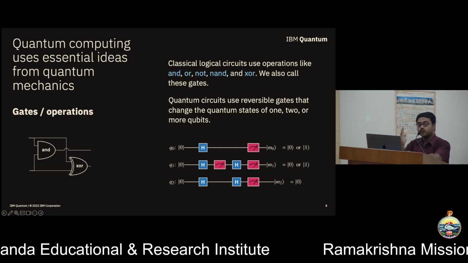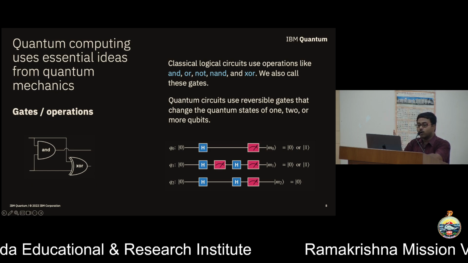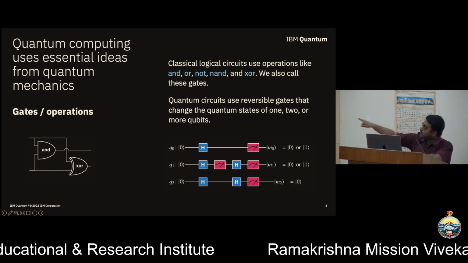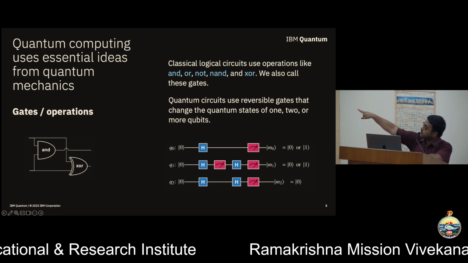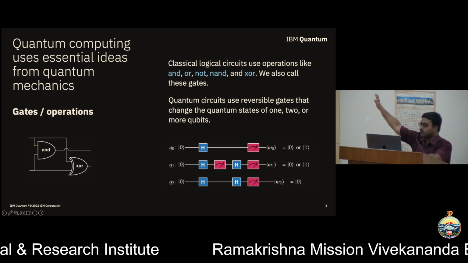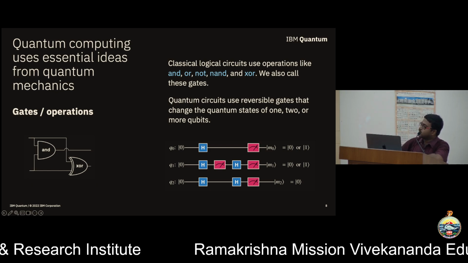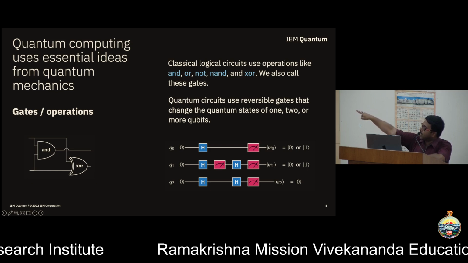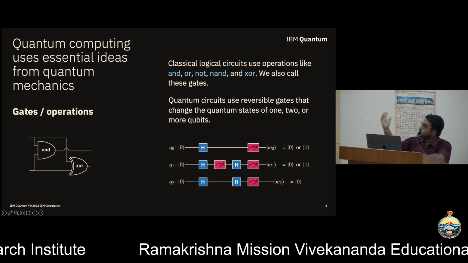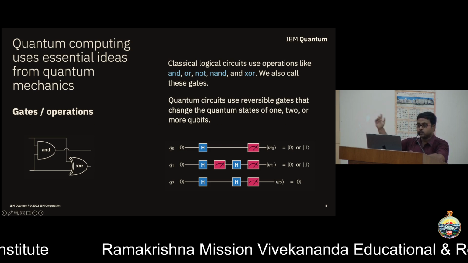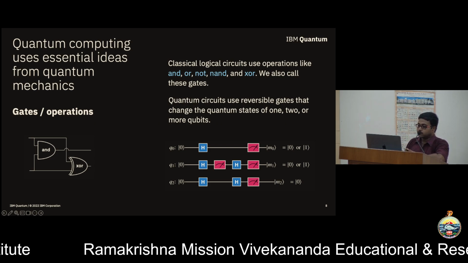We start with classical bits, which are zeros and ones. We start with quantum bits, which are called qubits, and they are written like that funny bracket thing there. It's called Dirac notation, but don't worry about it, it's just a mathematical notation. We don't need to worry about this. Just think of that bracket as distinguishing that it's not a classical bit, it's a quantum bit, or a qubit in general.